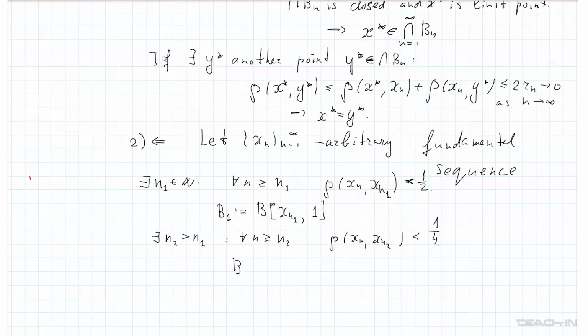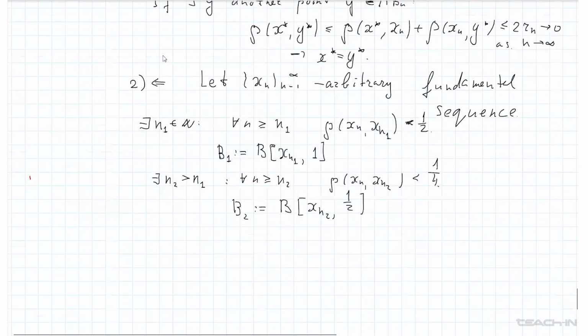And the second ball, I take the ball with the center xn2 and radius 1/2. It is easy to check that it is nested. Why? Let y belong to B2, and then calculate the distance between xn1 and y.